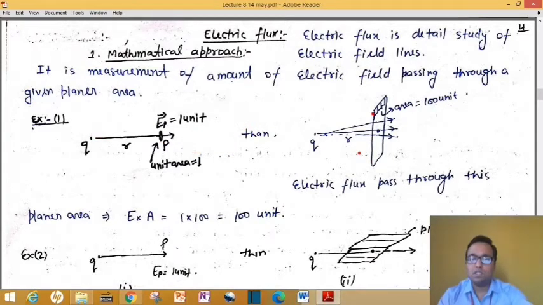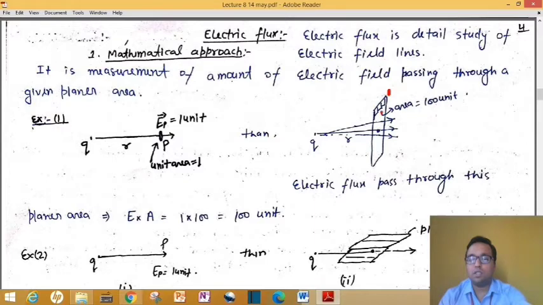Now suppose your area is bigger compared to the previous one. We have the same point charge q and the same distance r, but this time the area is not a smaller one, it is a bigger one. Its area is 100 units, and this small block represents a unit area, that is 1.